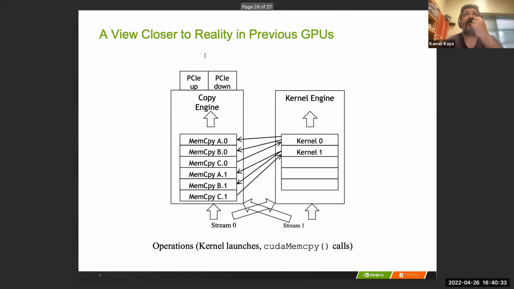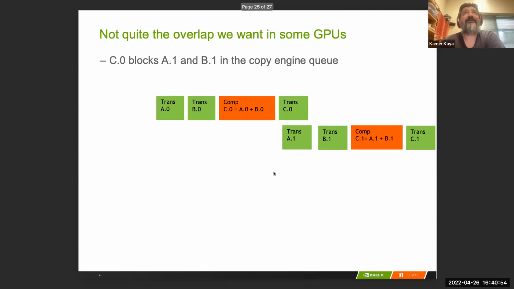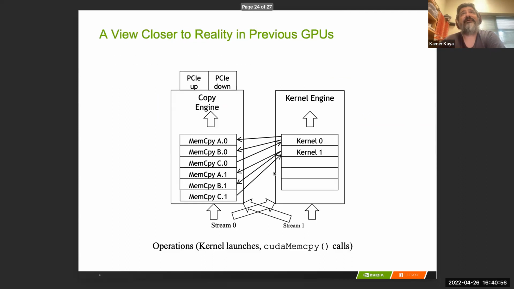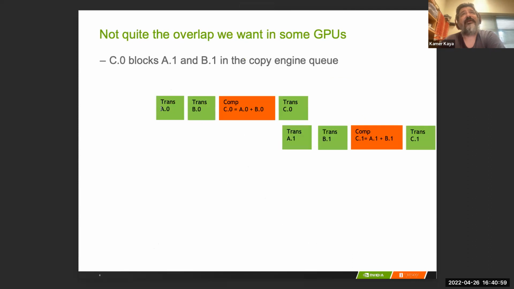In the previous GPUs, there are things that you need to be careful about, but for recent GPUs, it's not a very limiting bottleneck, in fact. So here, for instance, A0 is transferred, B0 is transferred, computation is happening.